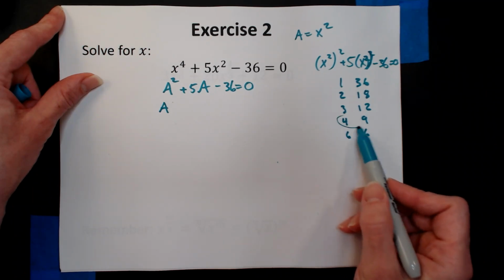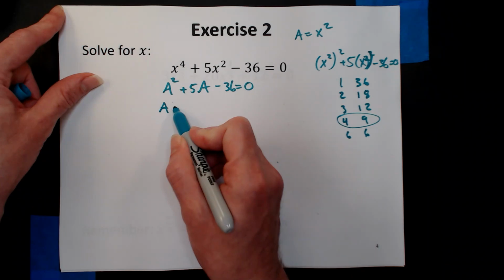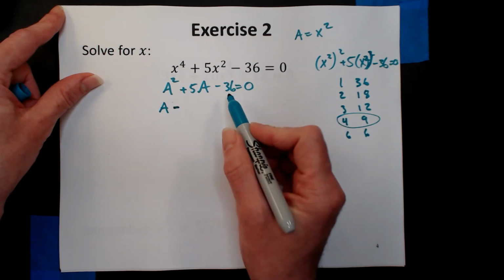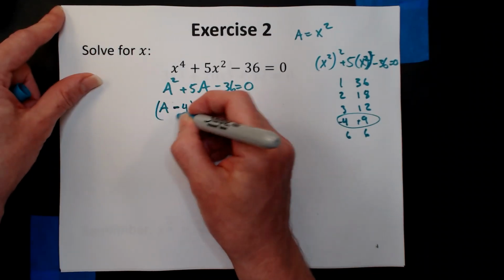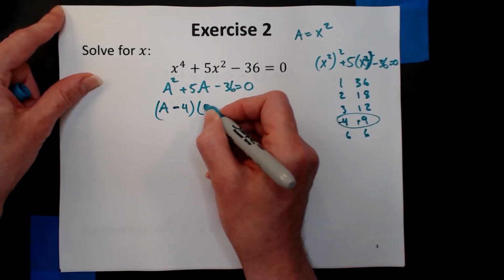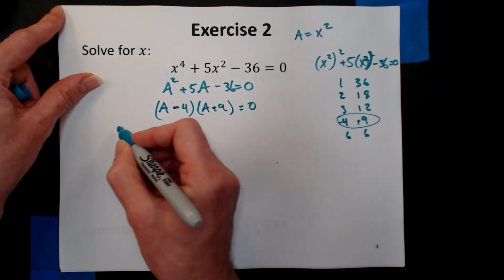As we can see, 4 and 9 have a difference of 5, so I'll pick those. So let's say a, and the 9 needs to be positive, 4 needs to be negative, so a minus 4, times a plus 9 equals 0.